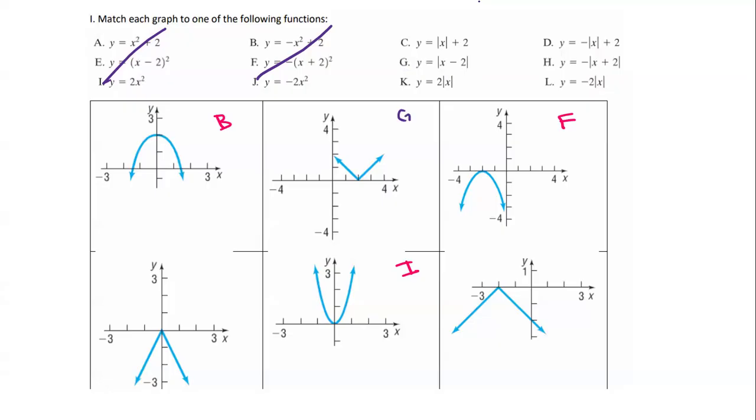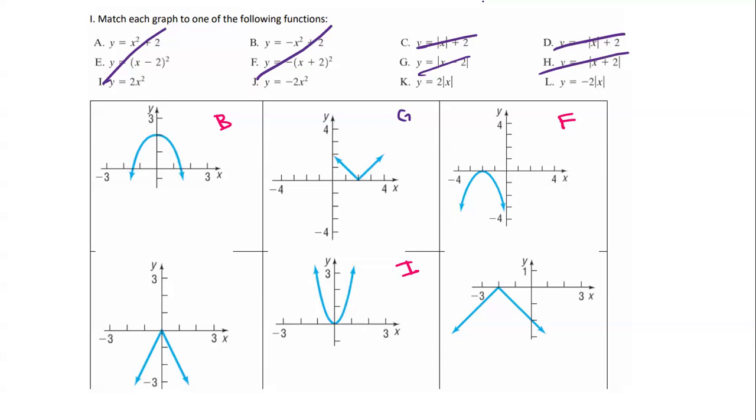All right, now let's look at this one here in the bottom left. So this one now, again, it's not going left or right or up and down, right? It doesn't shift from the origin. So automatically I get rid of C, D, G and H, right? Because that means the graph has moved away from the origin, but in this case, that is not the case.